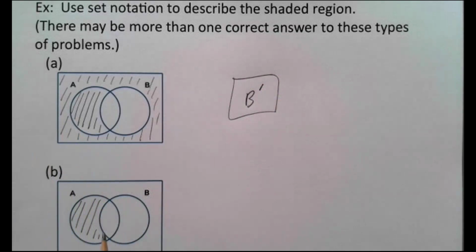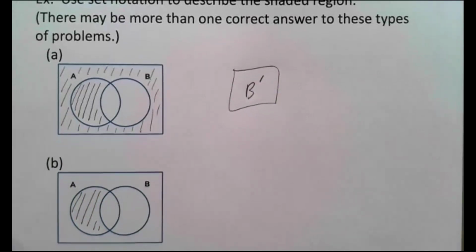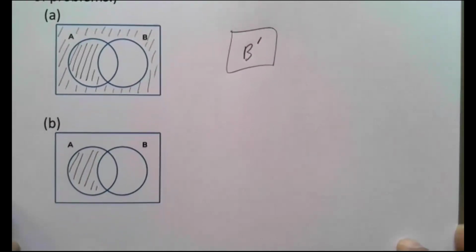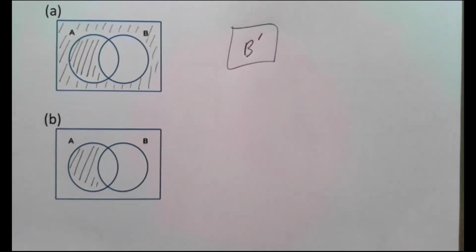Look at the bottom question. What's shaded is just that left side of A. We're trying to use set notation to describe just that left side of A. It's similar to the top one, but we don't have the outside part. So to get into this answer, you have to not be in the B circle, but it's not everything that's not in the B circle because this outside part isn't shaded.